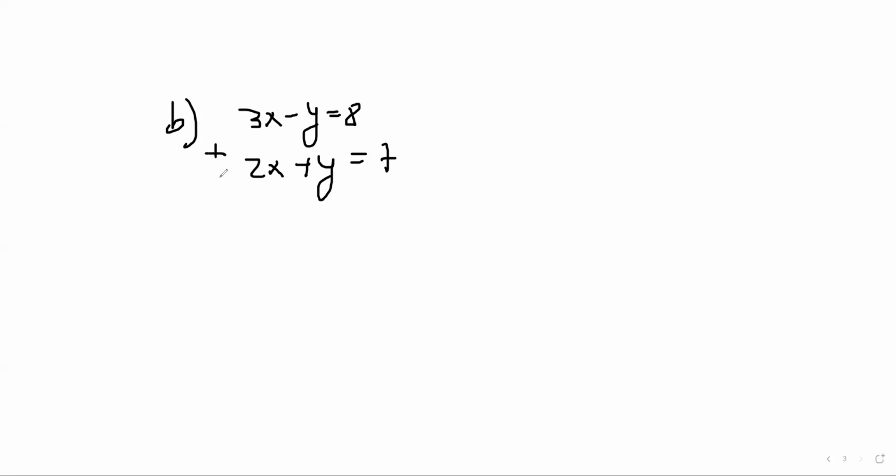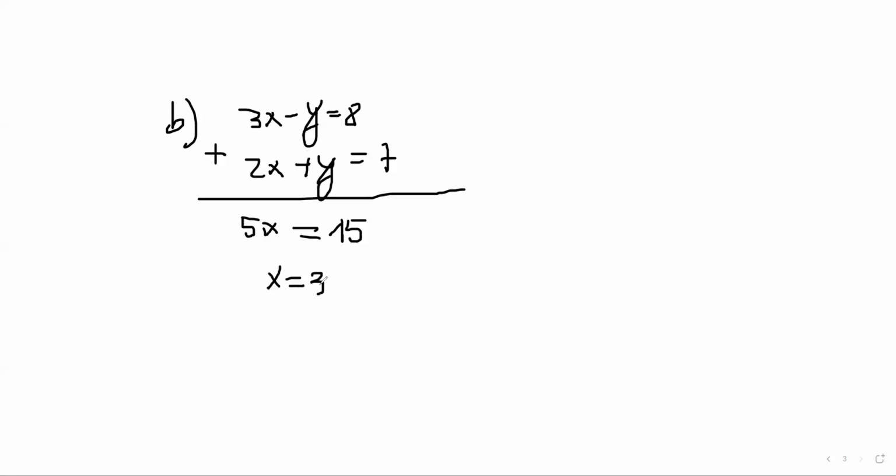Again, by adding side by side, the y's cancel. 3x plus 2x is 5x, and 8 plus 7 is 15. So we get 5x equals 15, and directly x equals 3.